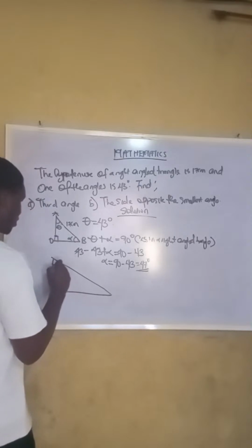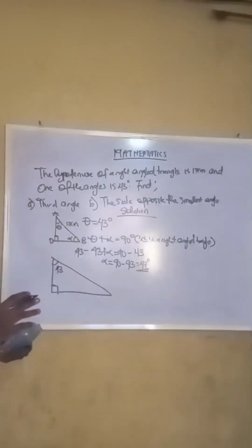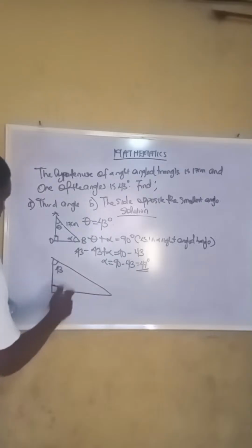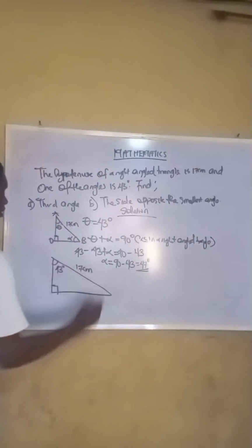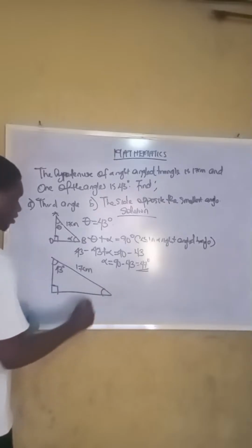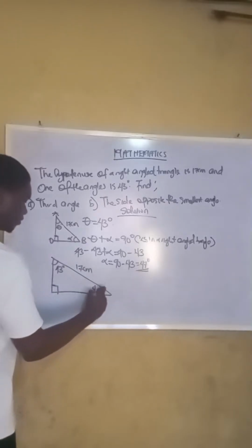Because we have here theta, which is 43 degrees. Are you following? We have here 43 degrees, we have here 17 centimeters, and we have here 47 degrees.